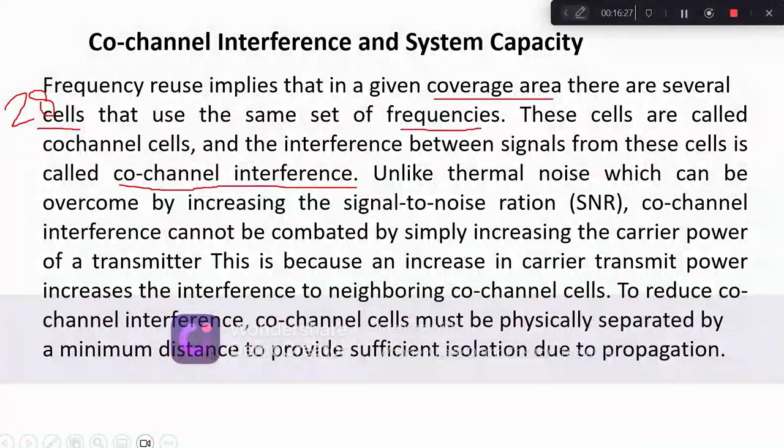So the first thing to remember is that the carrier transmit power cannot be increased as much as you want. That is creating a problem.